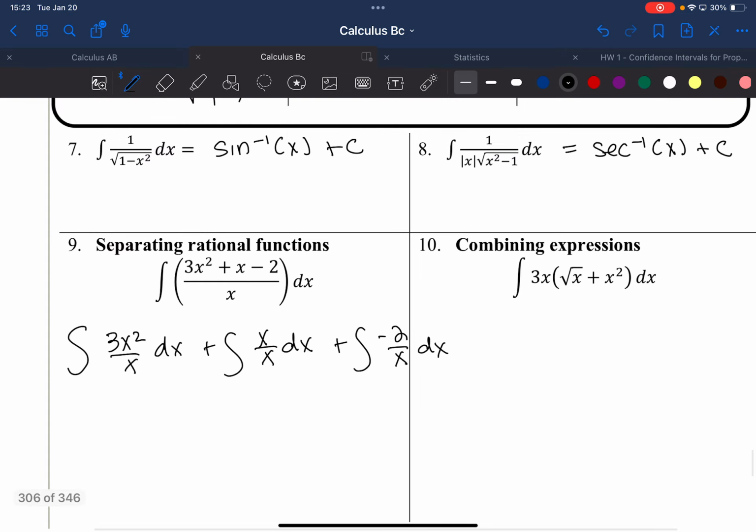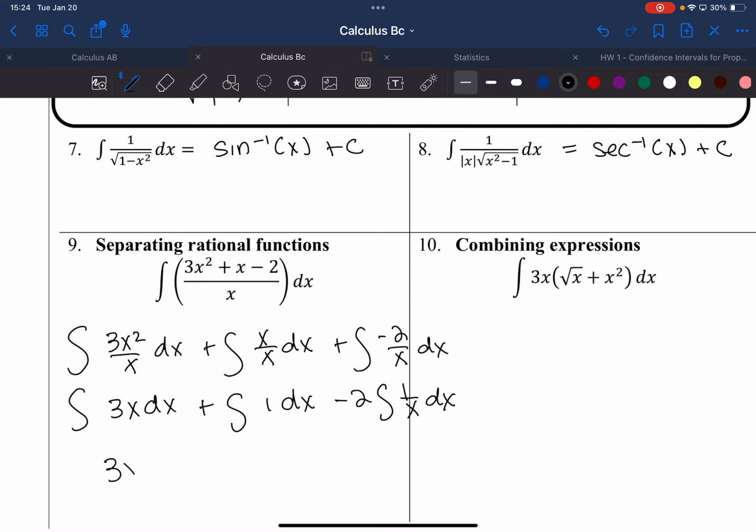Simplifying further, this is the integral of 3x dx plus the integral of 1 dx, and I can bring out the -2, so -2 times the integral of 1 over x dx. Solving these individually, this is 3x squared over 2 plus x minus 2 natural log of x plus c.